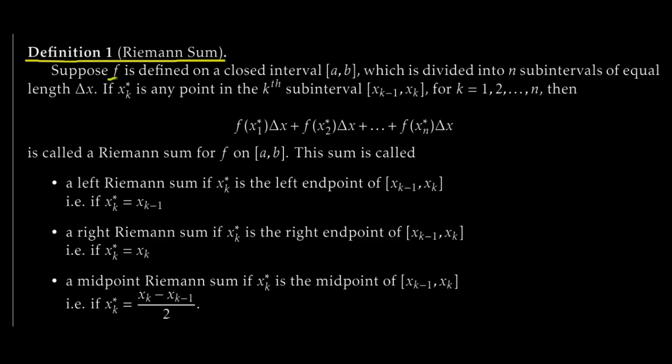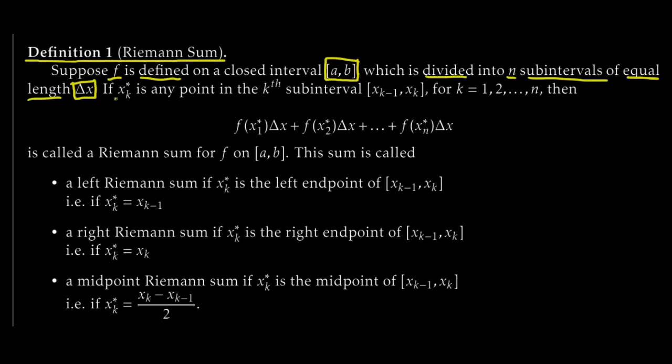So we're going to suppose that f is a function which is defined on a closed interval from a to b, and we're going to divide that closed interval from a to b into n subintervals of equal length. And we're going to label that length delta x. So we've labeled the length delta x, we've got n pieces.